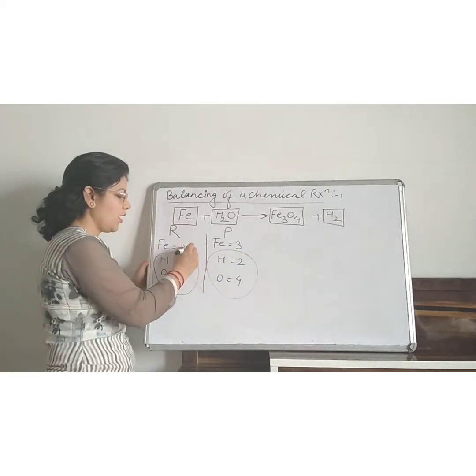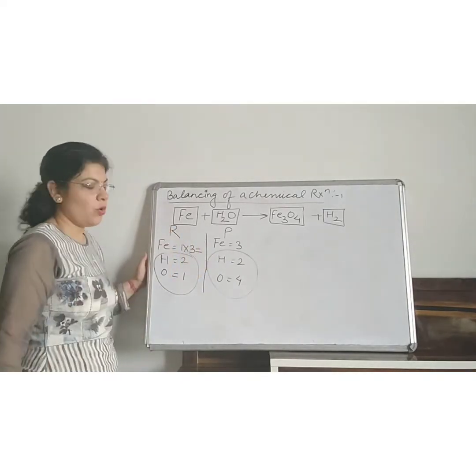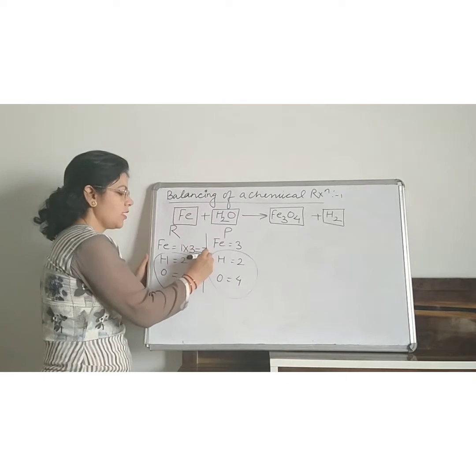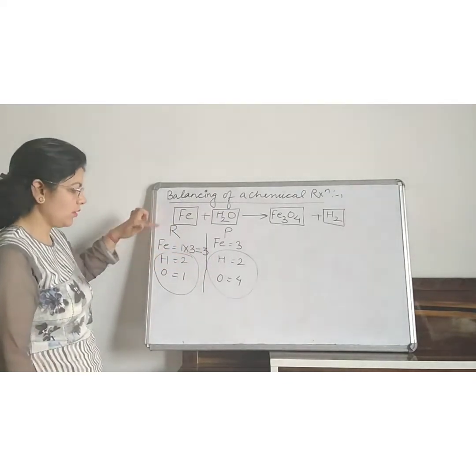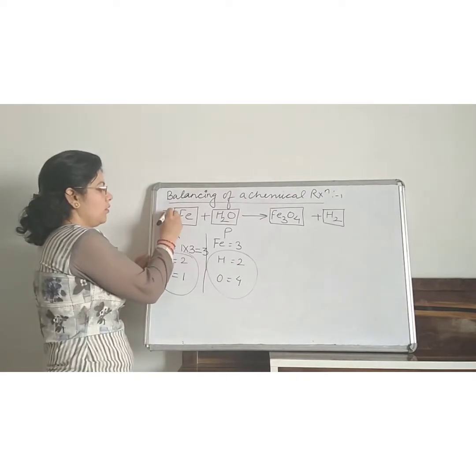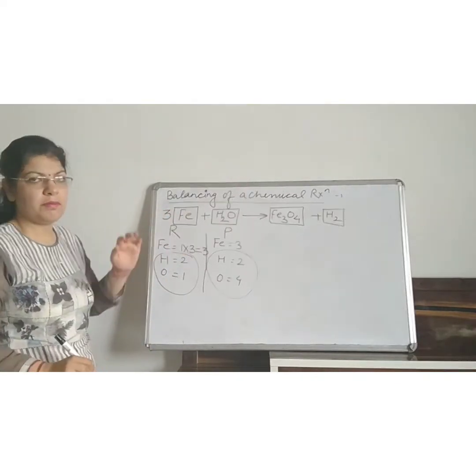For this, we multiply by 3 on the reactant side. So we put 3 here, which means the iron atoms are balanced.